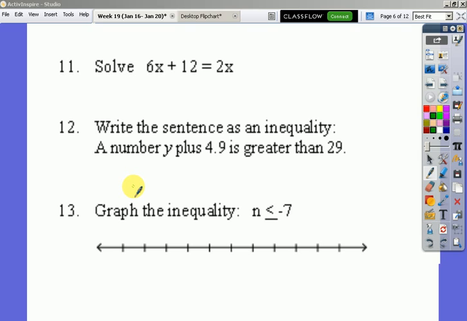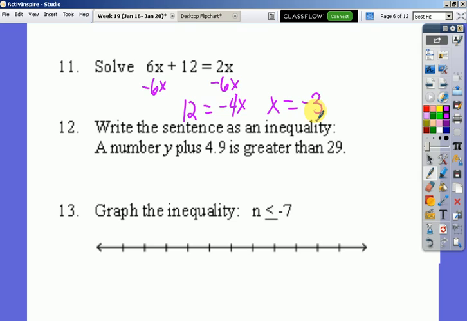So, for number 11, what do I do to solve? Yeah, subtract 6x from both sides. I get 12 equals negative 4x. So x equals negative 3.